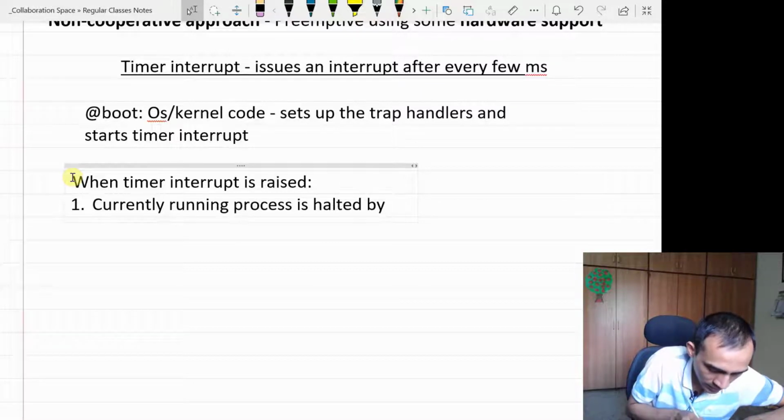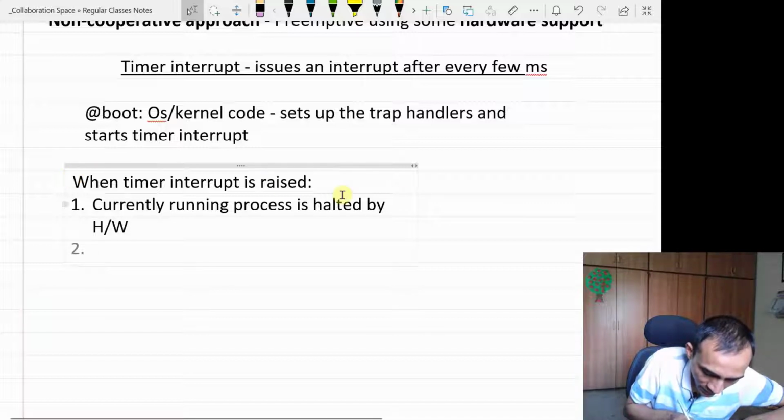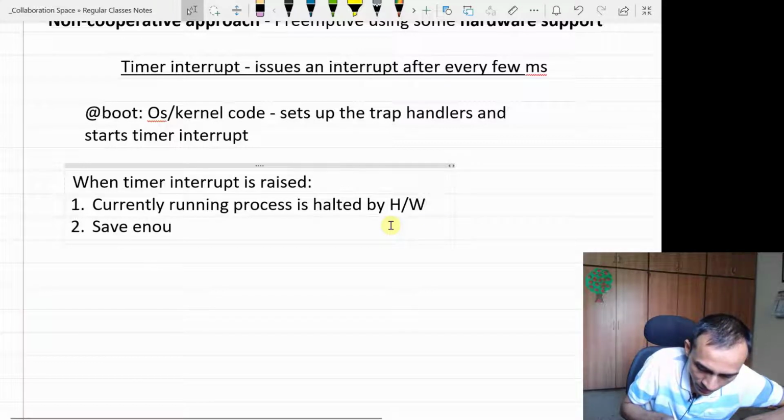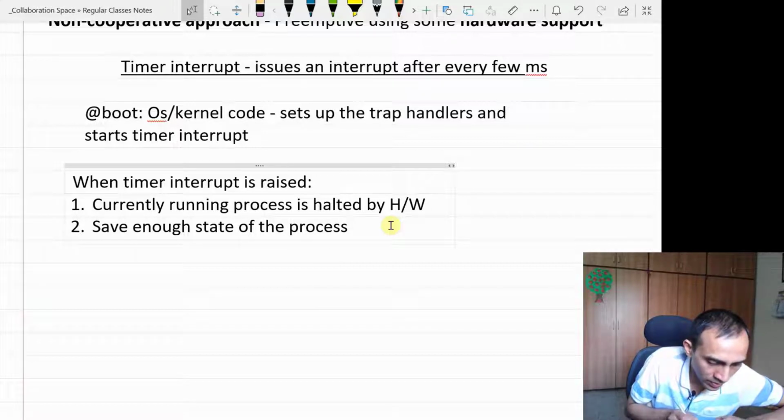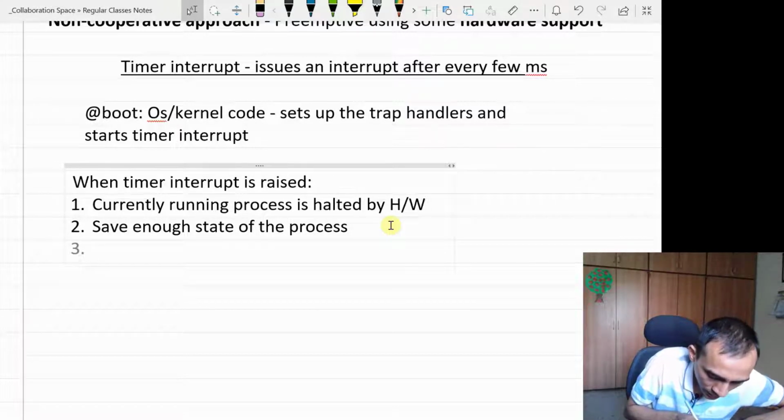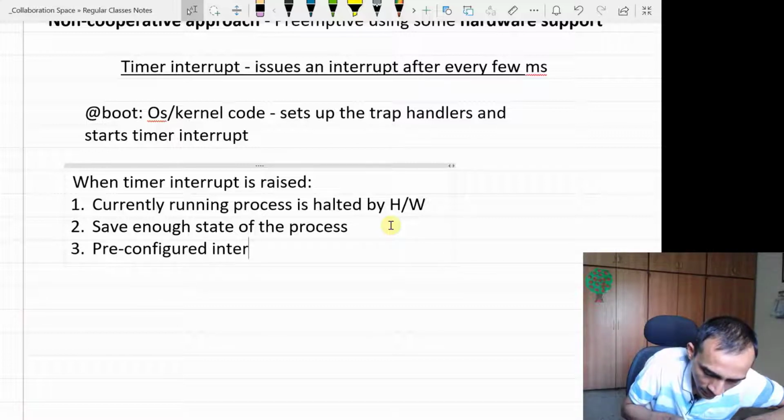Second, it will save enough state of the process. And third, a pre-configured interrupt handler in the OS will run.